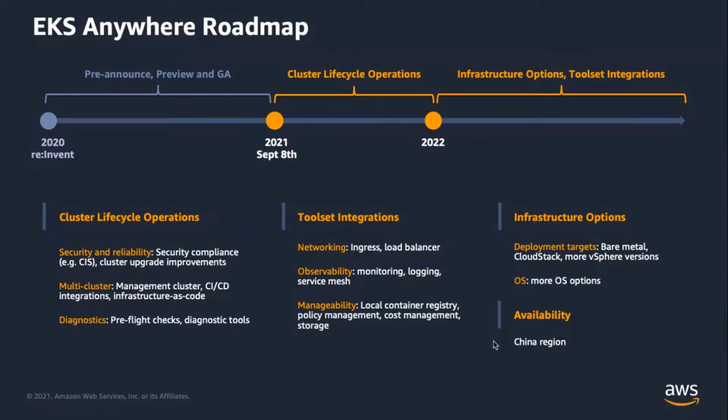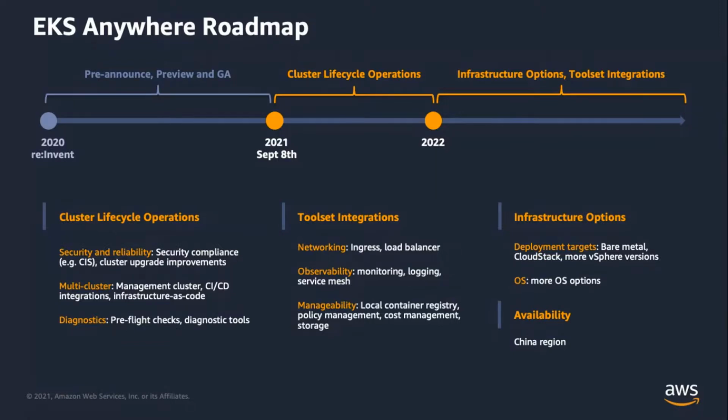This should help you reduce the time to create a single cluster, as well as help you apply cluster operations at scale. We're also going to add more improvements to the existing diagnostic tooling and give you a new tool for pre-flight checks, which should iron out all of the prerequisite issues from your infrastructure before you deploy EKS Anywhere.